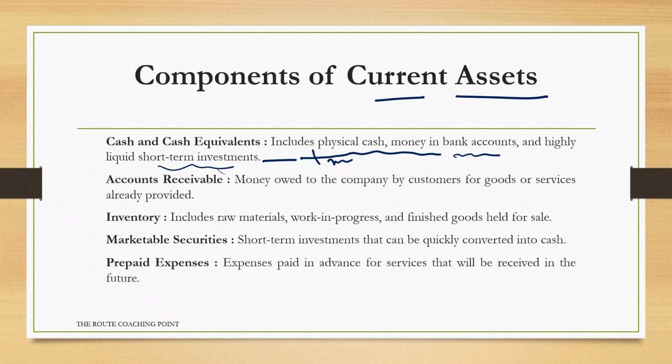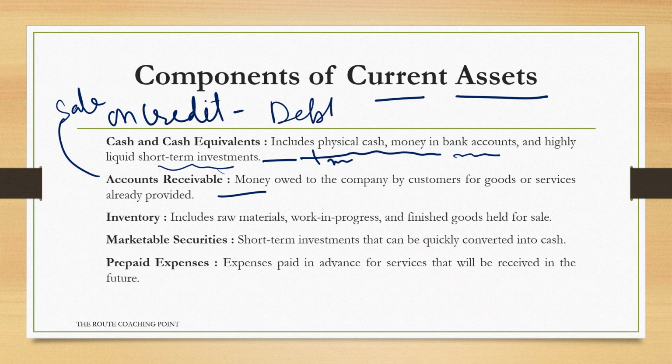Accounts receivable: when we sell on credit, we have not received the money yet. It is called accounts receivable or debtors.